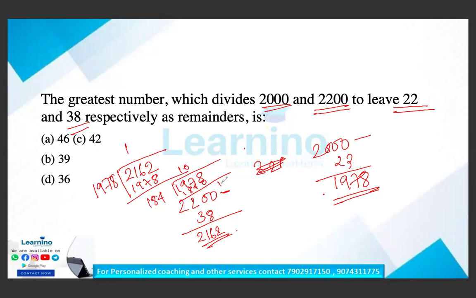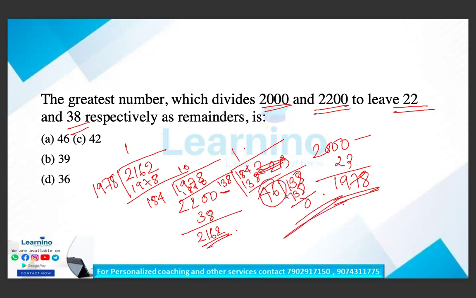Here we will get 184 as the remainder. Divide 1978 by 184, and we get the remainder 138. Divide 184 by 138, the remainder is 46. And divide 138 by 46, we will get 46 as the HCF.